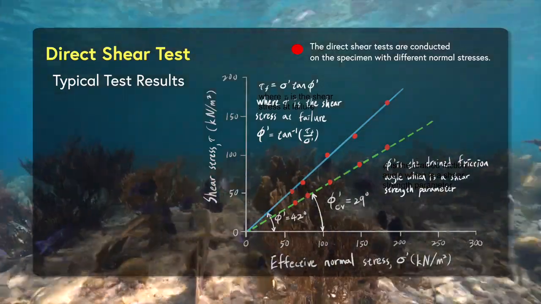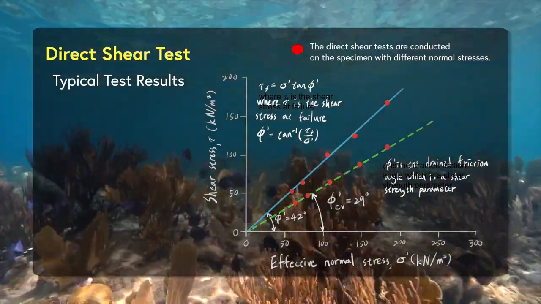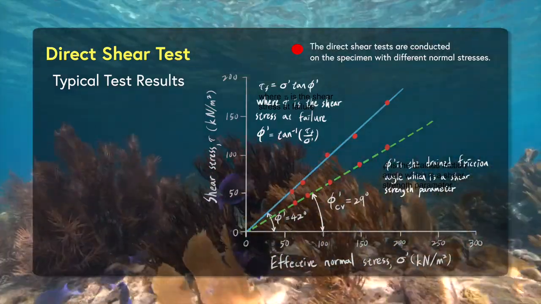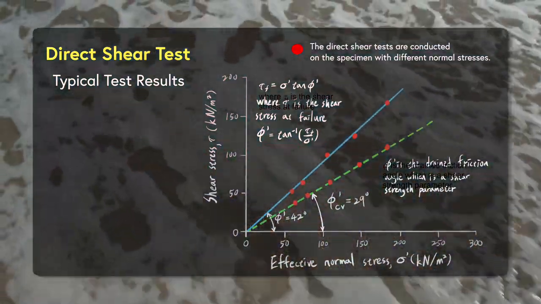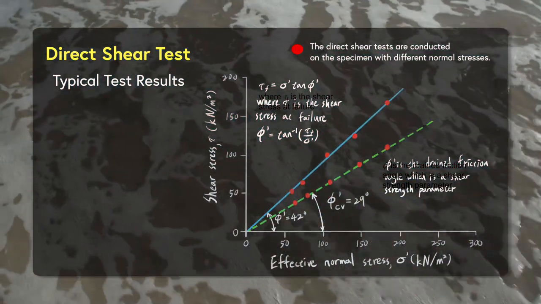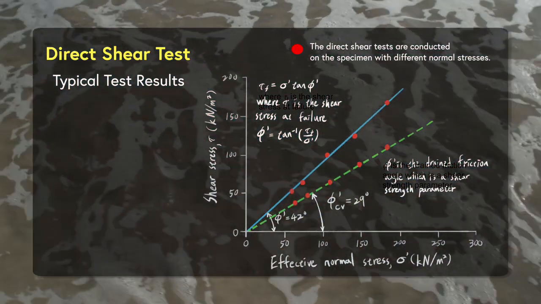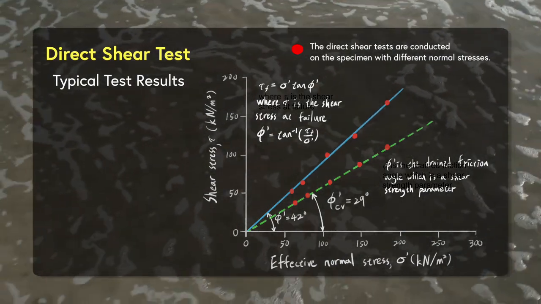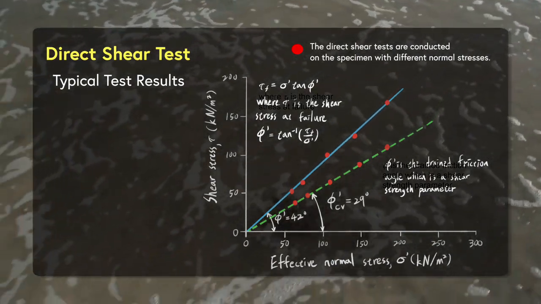From a direct shear test, we will obtain a relationship of shear stress and effective normal stress. The intercept of that relationship would be c prime, which is the effective cohesion, and the slope of the line would be the friction angle, which is phi prime.